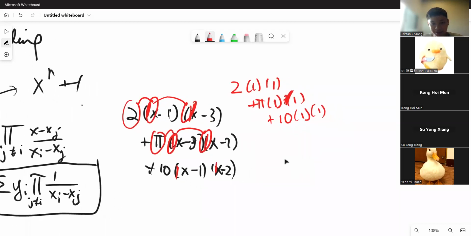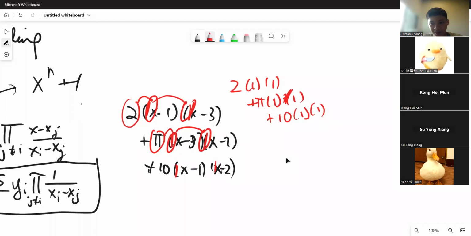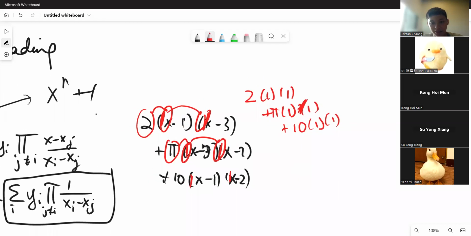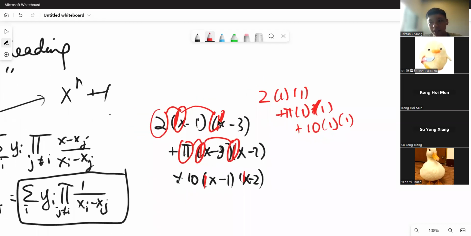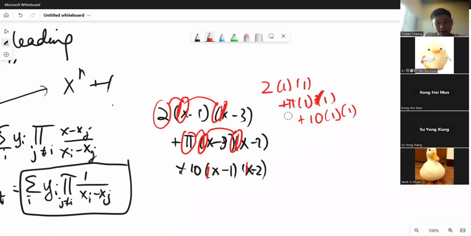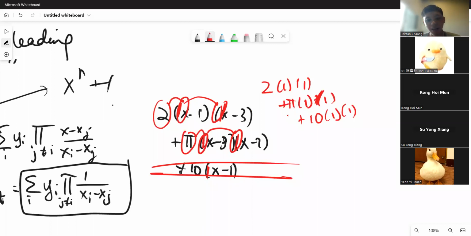Does that answer your question? Oh, okay, nice. And also one more thing to note is that all of these have the same degree, so they are all quadratic. That's why you can do this, because if this were x minus 1, then you would ignore this entirely, because the leading coefficient would not be that of x squared.